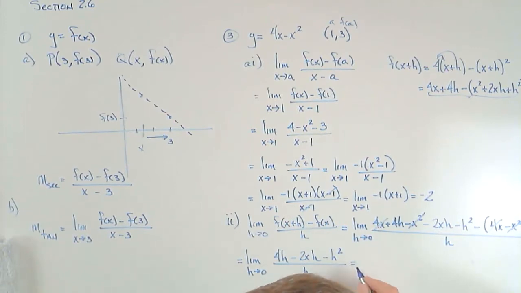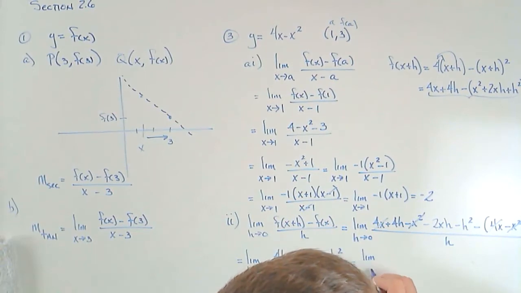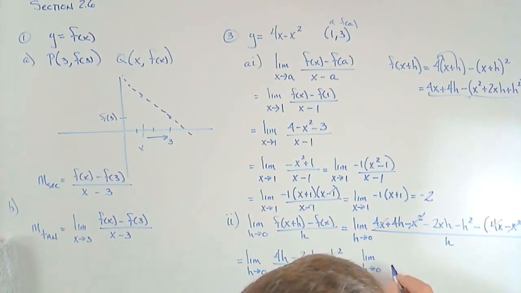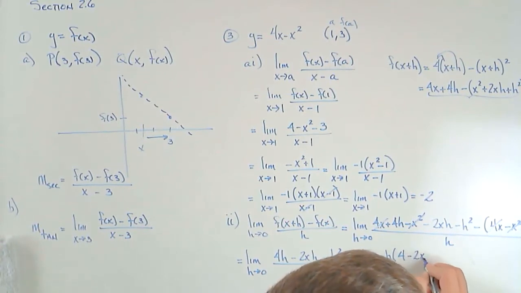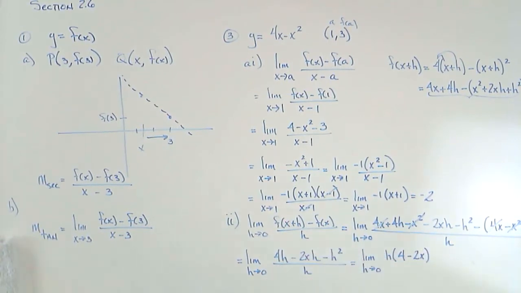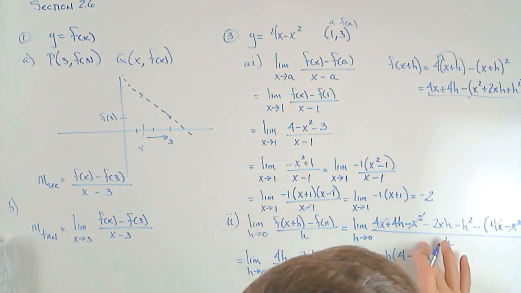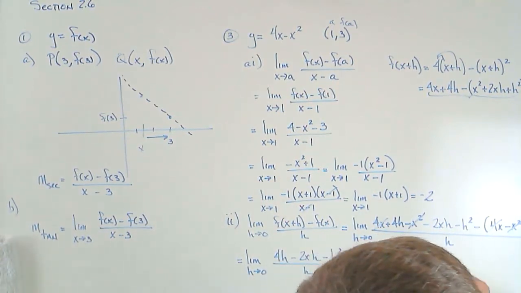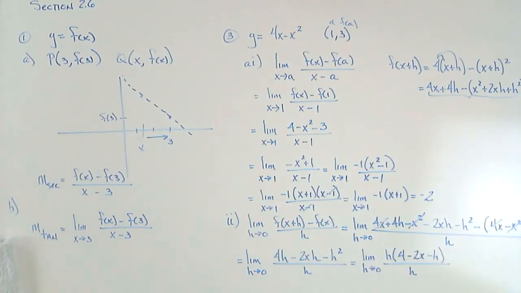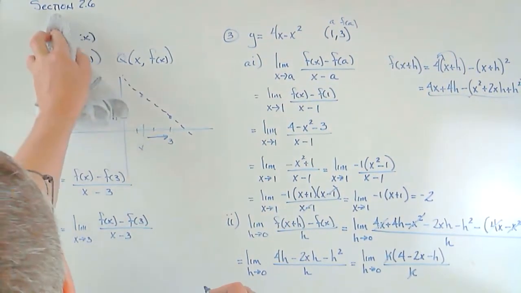That's going to get us the limit as h goes to 0. We'll factor out an h, and we have 4 minus 2x minus h divided by h. Now these h's will cancel. We'll make some room over here.